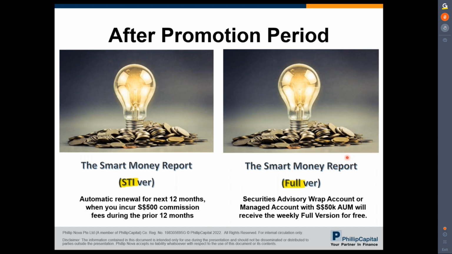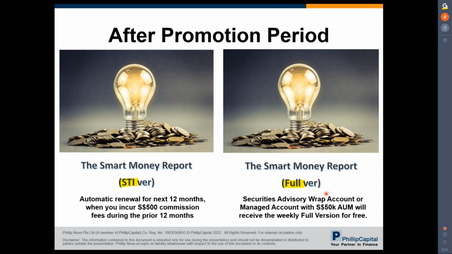Of course, not all the stocks, I don't have the data for all of them, but probably between 50 to 70 Singapore small and mid cap stocks that I've been following. Any of these stocks that has a signal of the Smart Money buying, I'll be including into the report. Some of those I showed you just now, like Frencken, Geo Energy, and also Marco Polo, are available on the full version.